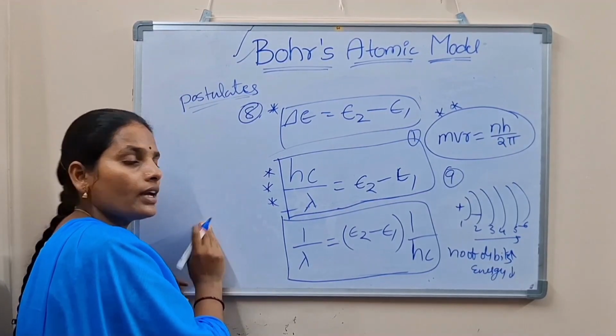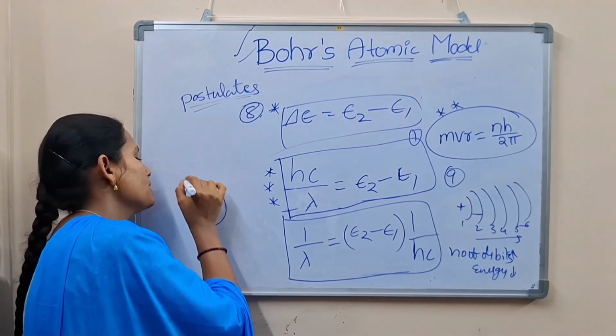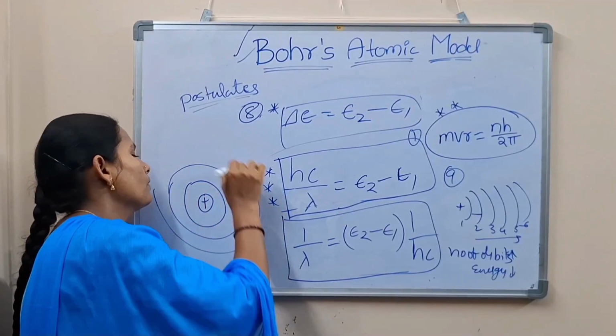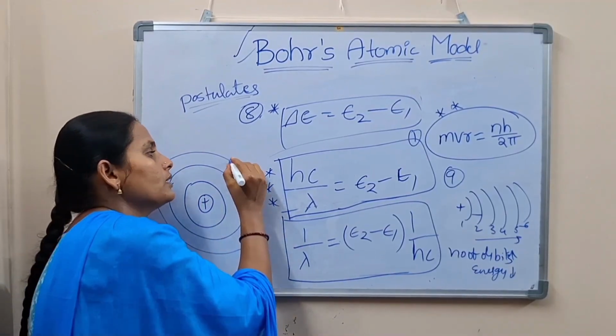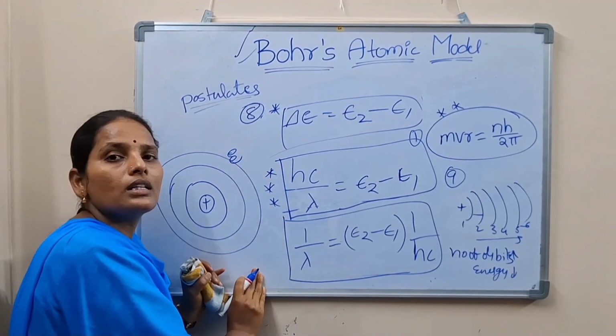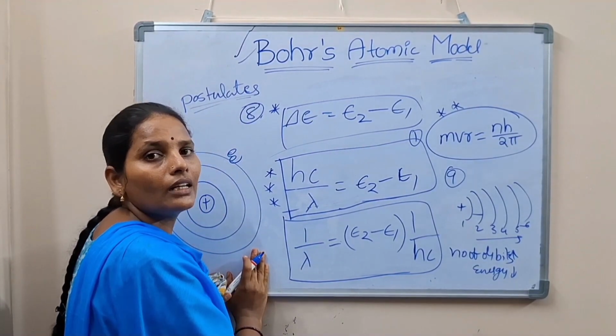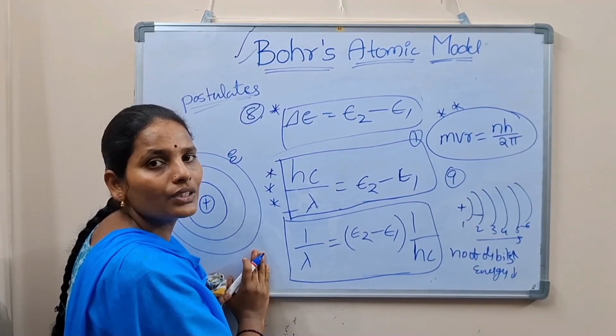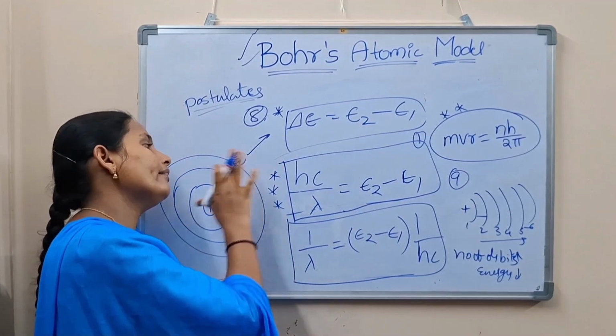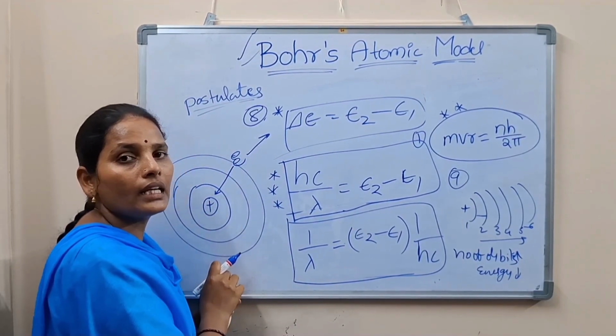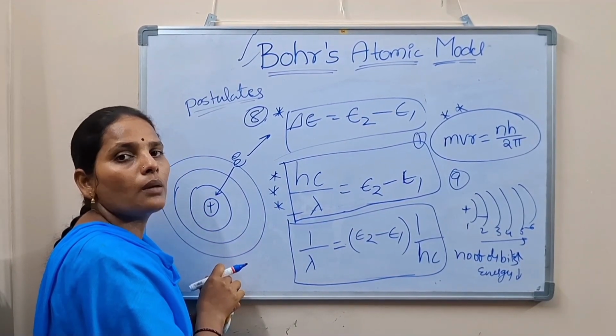During the revolution of the electron, this is the nucleus, these are the orbits, this is the electron, there are electrostatic forces of attraction. By equating each force, we are getting another formula.